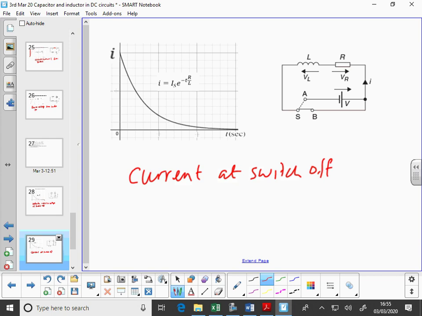Just one point about this induced EMF. If you have high value inductors at switch off, you can get some unwanted effects. What's going to happen is the energy that's stored is either going to be expressed as an arc across the switch terminals when you break them.